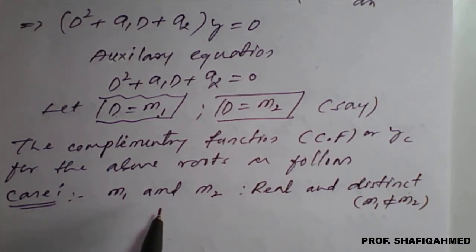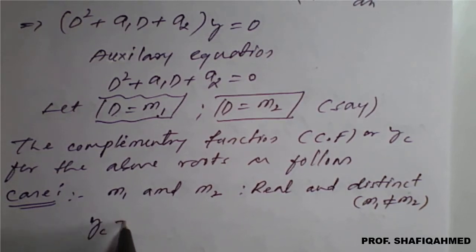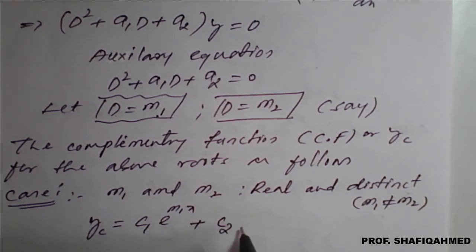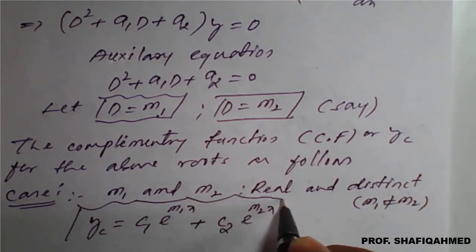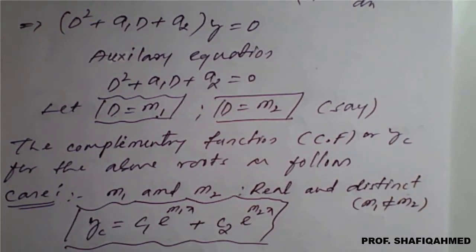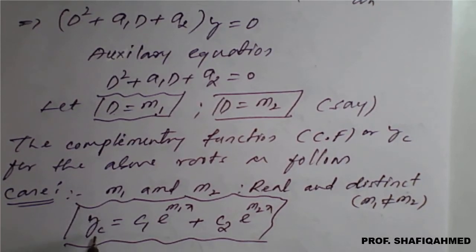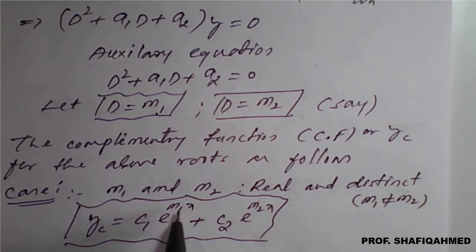So for such a kind, the complementary function is written as yc is equal to c1 into e raised to m1 x plus c2 into e raised to m2 x. So the complementary function is written as yc or CF, you can use the symbol c1 e raised to m1x plus c2 e raised to m2x.